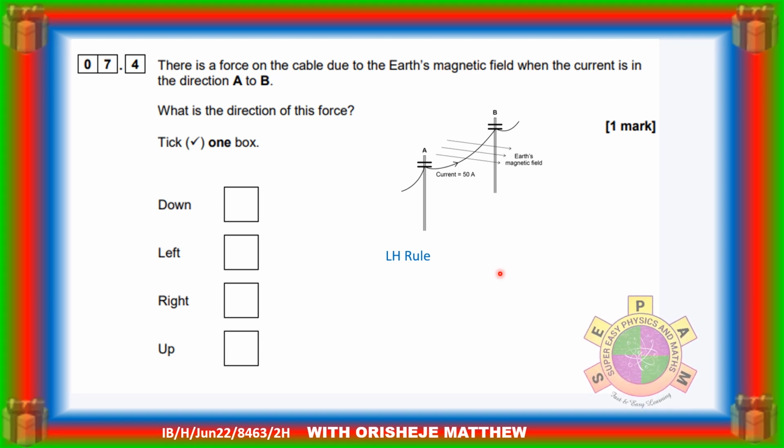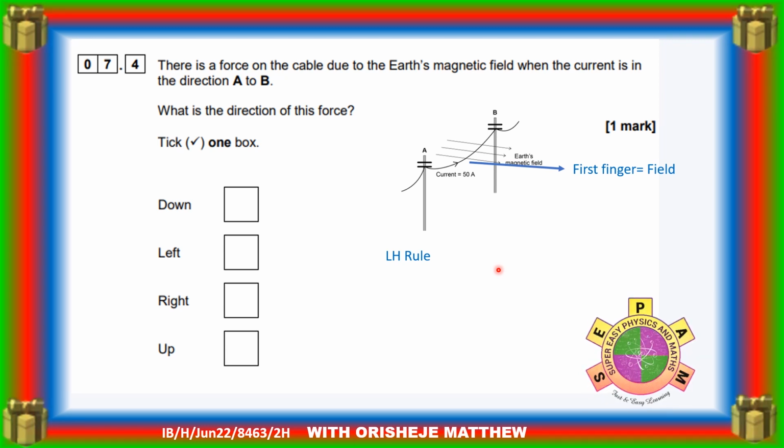The first finger will go in the direction of the field. So spread out your left hand such that the forefinger, the thumb, and the second finger are mutually perpendicular to each other.